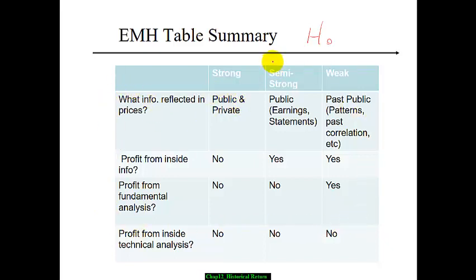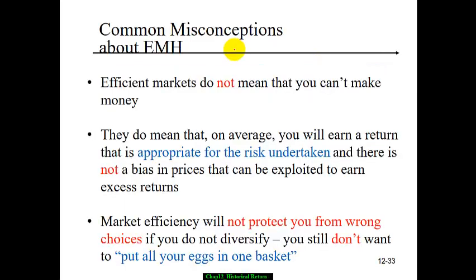Generally, the empirical evidence points to the market being between weak and semi-strong. So what can we conclude and learn from the efficient market hypothesis? If the market is efficient, it does not mean that you cannot make money. You could, if you invest in risky investments. Market efficiency cannot protect you from making wrong choices.